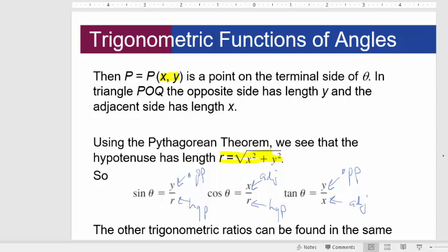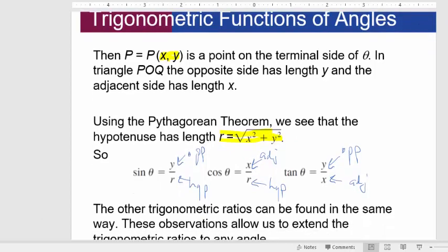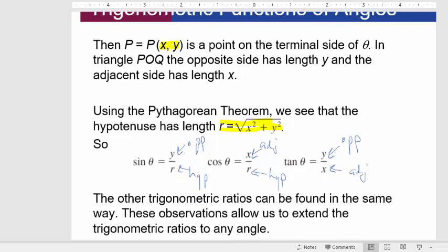So all we're really doing is changing opposite into y, adjacent into x, and the hypotenuse into r. And of course, you can find the other trig ratios in the same way. We're going to be able to use this basic relationship to find trig ratios of any angle, not just ones between 0 and 90.